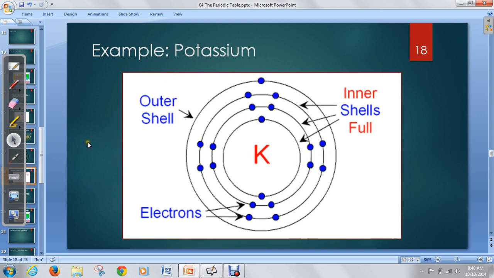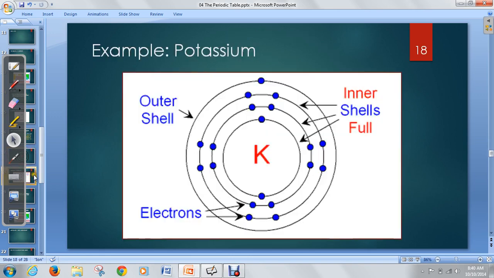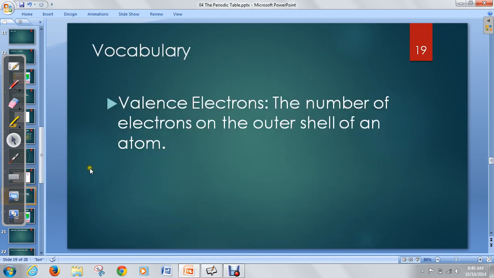So potassium has 1 valence electron. In our carbon-12 example we had 2 electrons here, so that would have 2 valence electrons. So valence electrons are just the number of electrons on the outer shell of an atom.